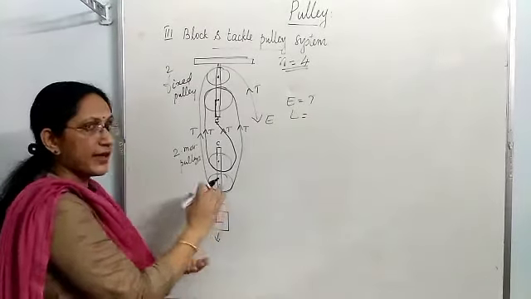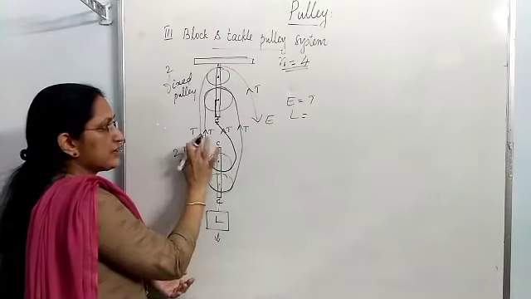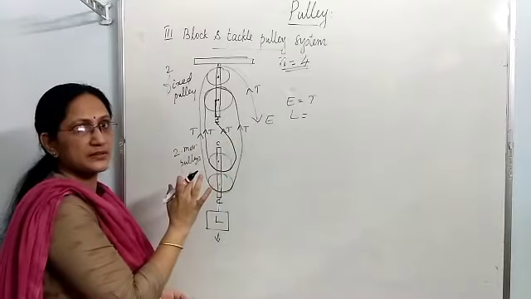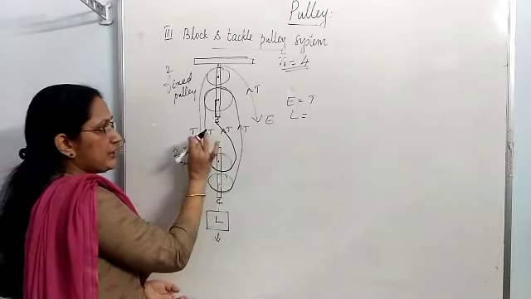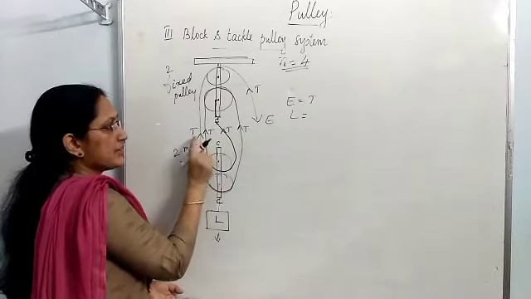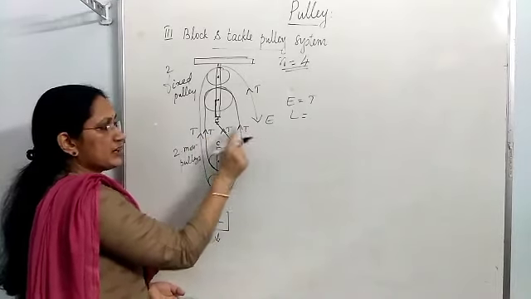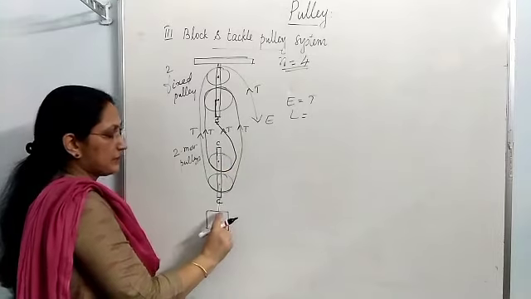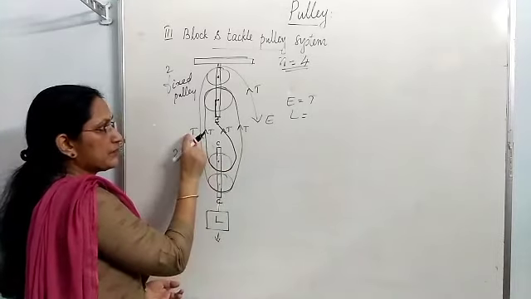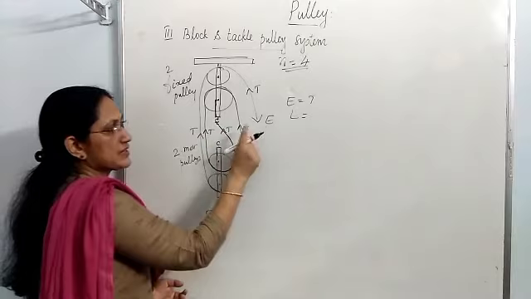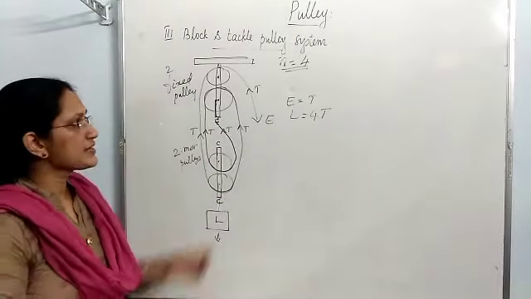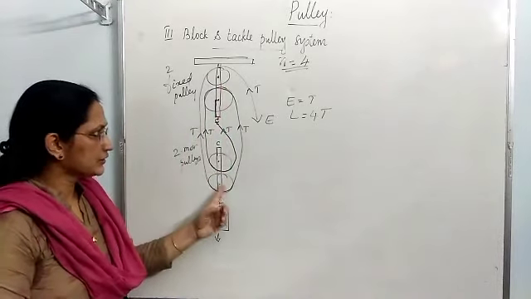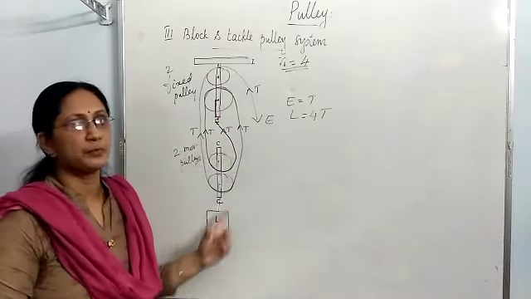This load is held in position by these 4 rope segments, each having tension T. So the load at equilibrium, L is equal to T plus T plus T plus T. That means 4T. Did you notice there are 4 pulleys here? So there are 4 rope segments to support the load.